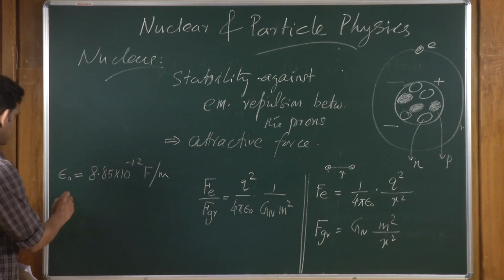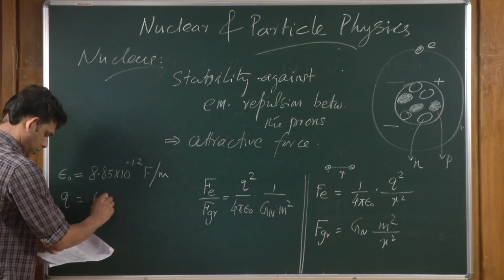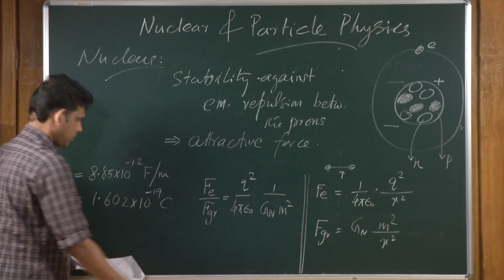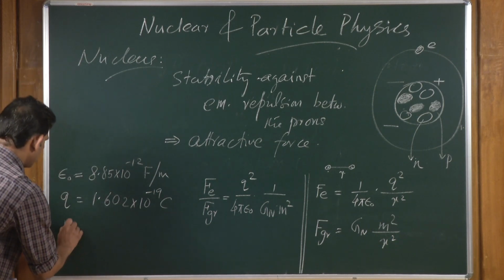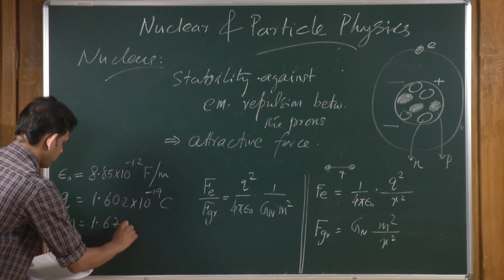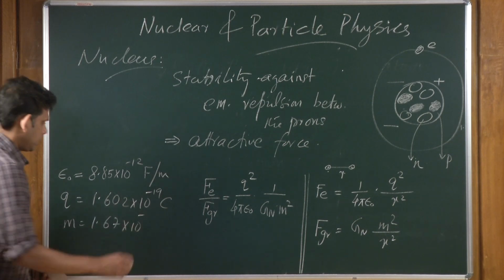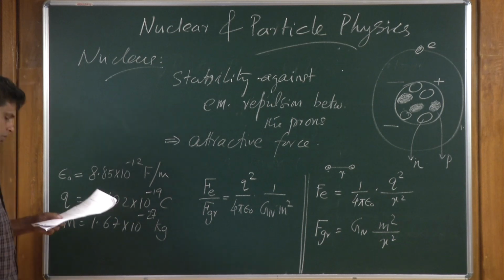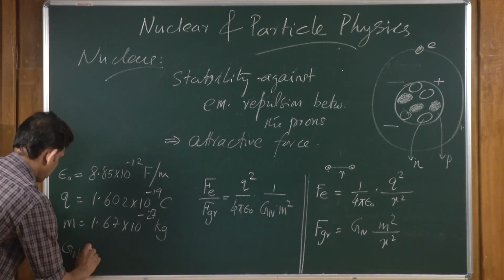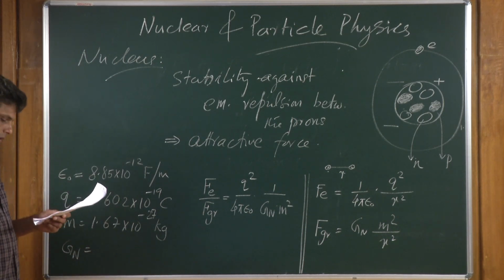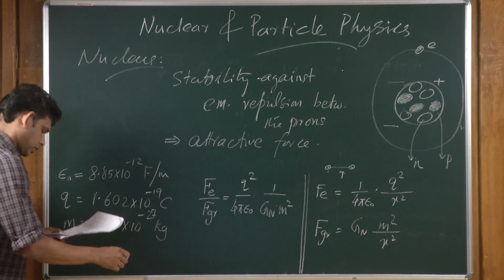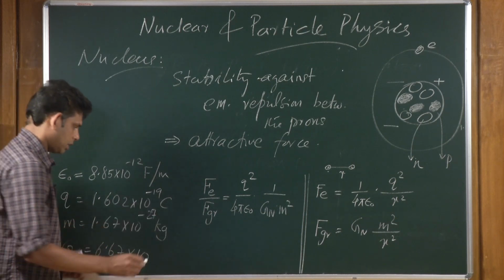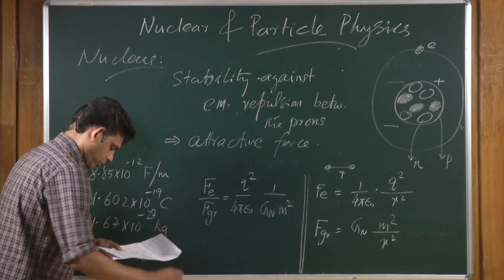The charge q is 1.602 into 10 power minus 19 Coulomb. The mass is 1.67 into 10 power minus 27 kilogram. G_N, the Newtonian gravitational constant, is 6.67 into 10 power minus 11 Newton meter square over kilogram square.